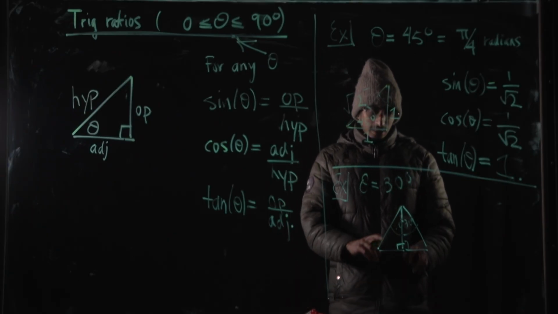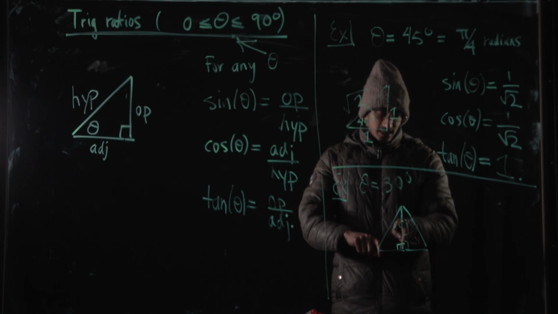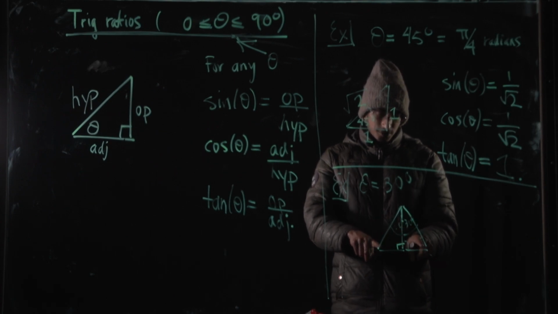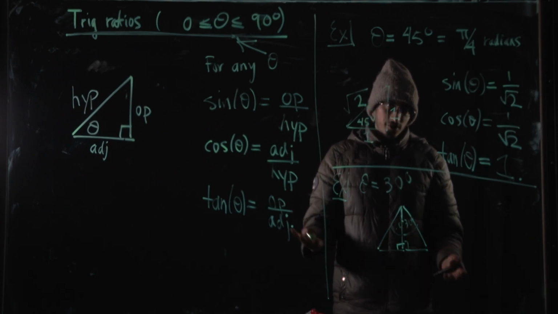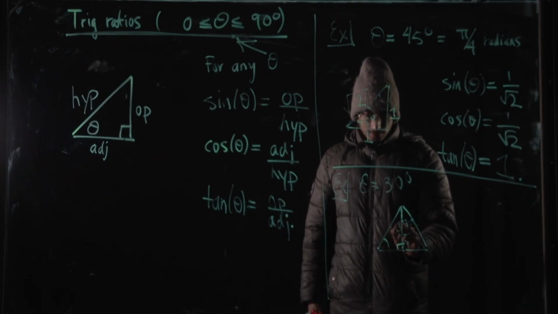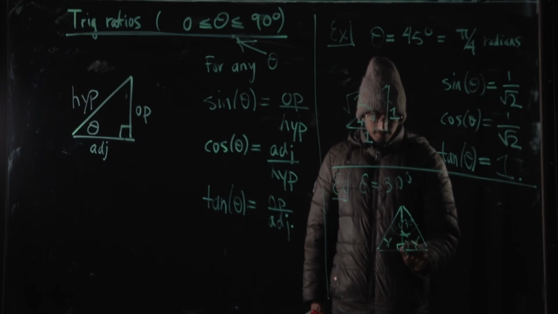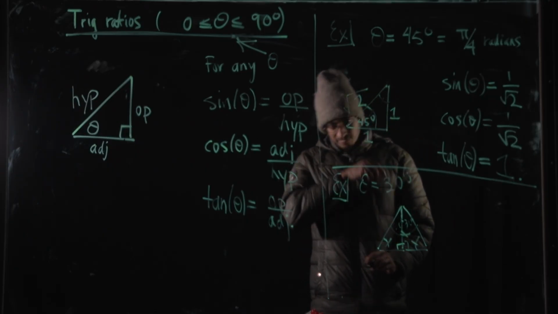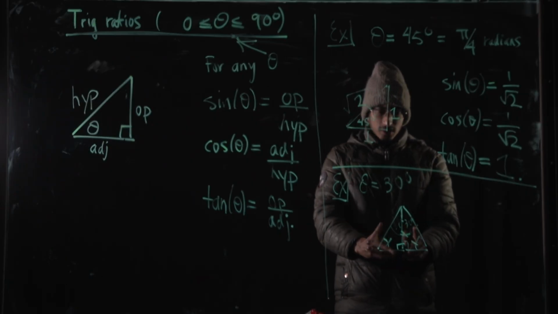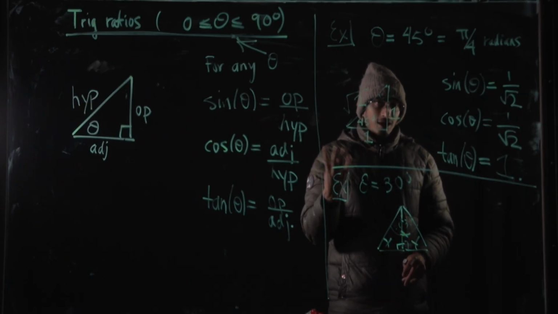Well, if I do this, then this is now an isosceles triangle, which means that this is 60, then this must be 120 divided by 2, because the angles add to 180. So this angle is also 60. This angle is also 60, which means that these sides are all the same. This becomes an equilateral triangle.